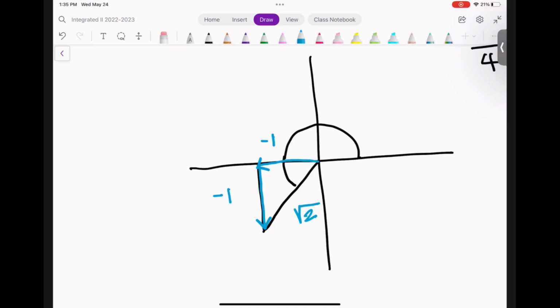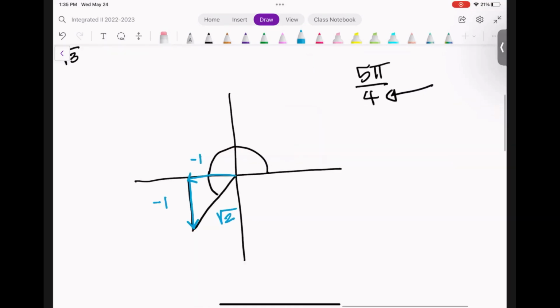So when I ask you for, say, the cosine of 5 pi over 4, I know it feels weird because you're like, okay, well, how do I draw a triangle as big as 5 pi over 4, Miss Johnson? You don't. You actually just use this reference triangle right here. Because cosine is adjacent over hypotenuse, that's your answer. Does that make sense? Okay.